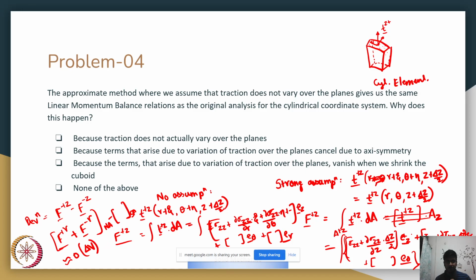So we have this third option, which essentially says the same thing: in case of no assumption there will be a variation of traction over the planes, but when you integrate that variation with respect to the area of the plane, the overall term is a small o of delta v term, which means that as delta v goes to 0, small o of delta v upon delta v goes to 0.